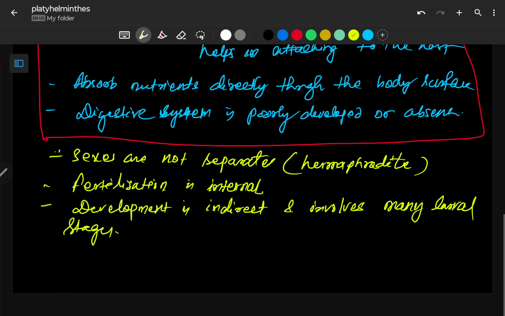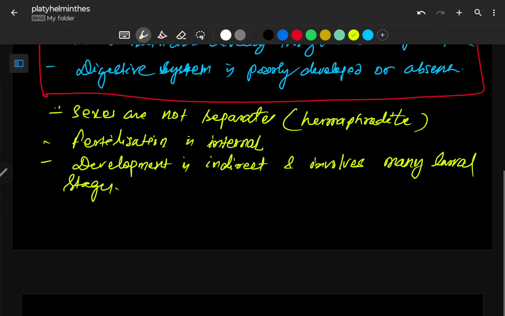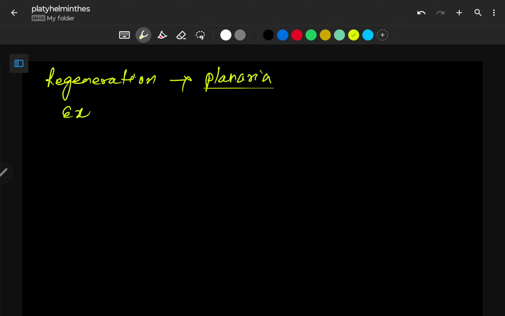They can undergo regeneration, for example, planaria. Okay, they have a high level of regenerating capacity.